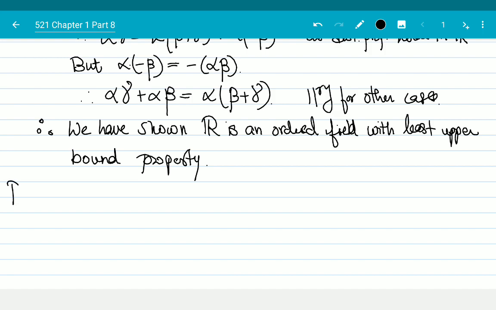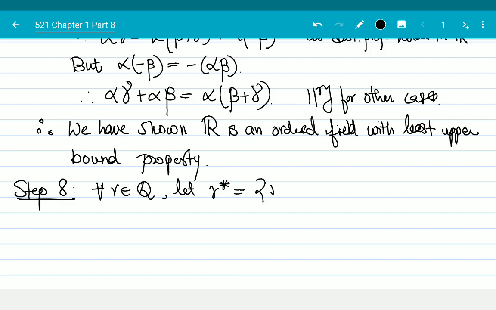So step 8. For every r belonging to Q, let r star be equal to the set of p belonging to Q such that p is strictly smaller than r.